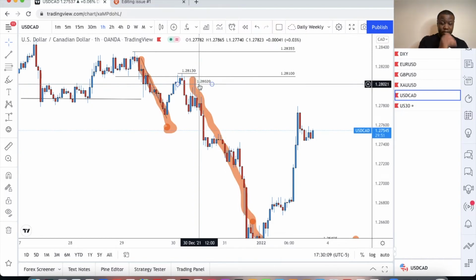So for whatever reason, say you didn't set this trade up, you didn't set the sell stop, and you fell asleep during London session. Well, look at this. In the New York session, you have another opportunity to go short once you see this pullback right here.